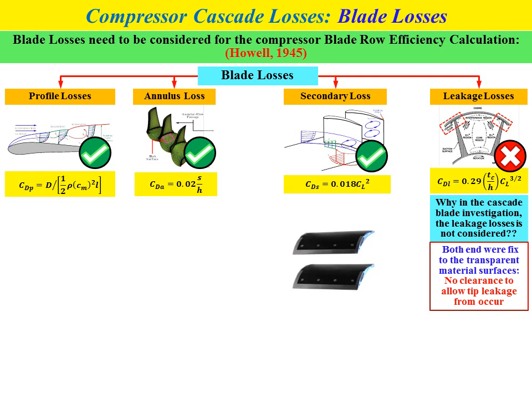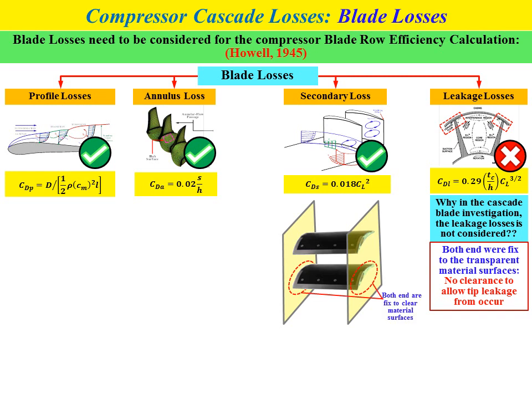Normally these blades in a cascade blade investigation will attach to the transparent material surface at both ends of the cascade blade, as shown in the figures. And we can see that both ends of the cascade blade are fixed to the clear material surface.